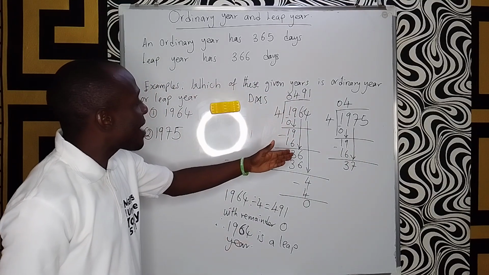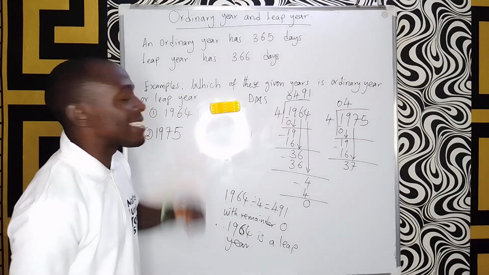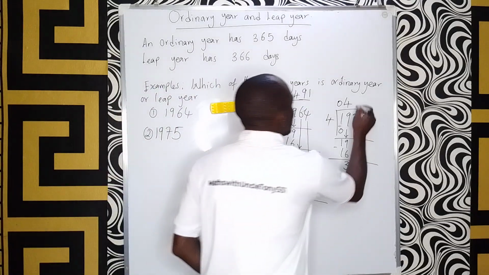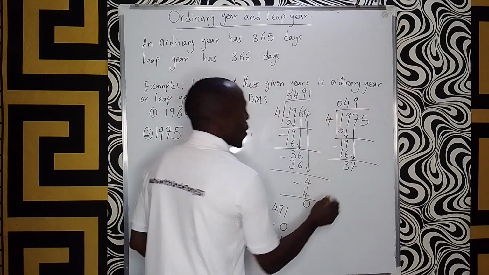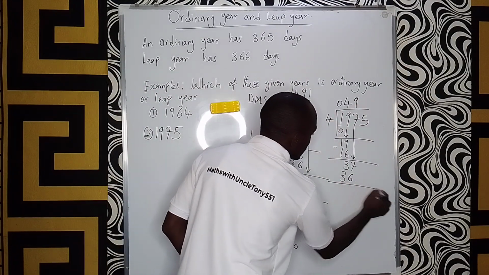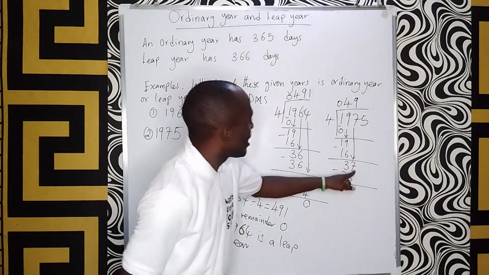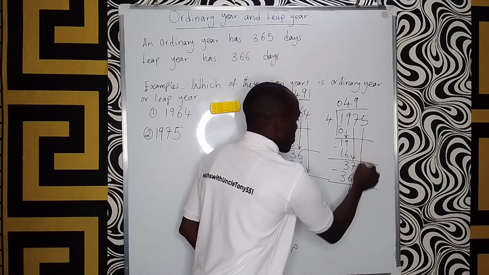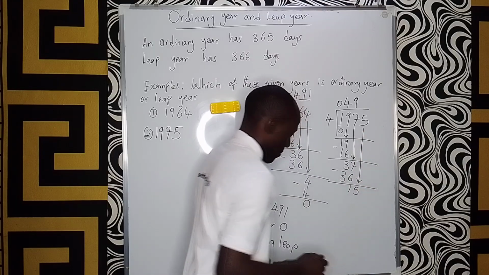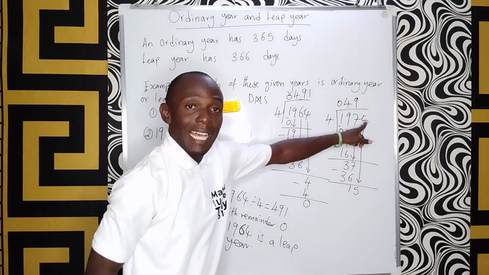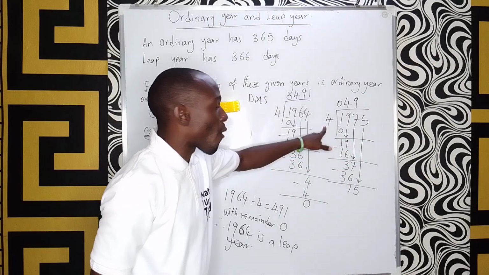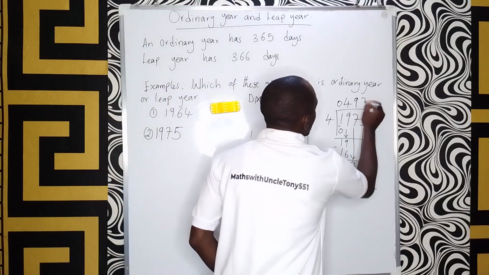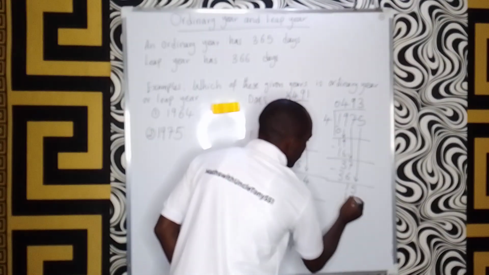We bring down the next number, which is 7. Now, 37, how many times will 4 go into 37? Or 37 divided by 4, it will be 9. 9 times 4 is 36. We subtract. 37 take away 36 gives us 1. We bring down the next number, which is 5, and that's the last number. 15 divided by 4, or 4 into 15, it will go 3 times. 3 times 4 is 12.